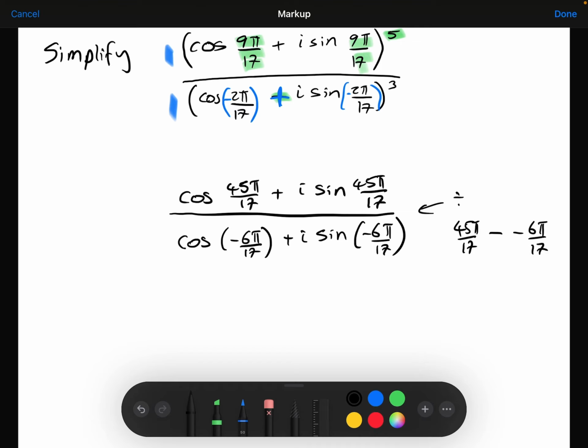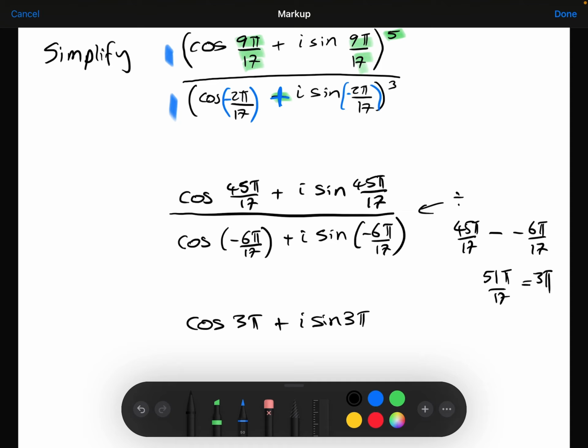So just to repeat, when I'm dividing complex numbers, I subtract the arguments. So that would give me 51 pi over 17, which is the same thing as 3 pi. So I could write the result of this as being cos 3 pi plus i sine 3 pi.